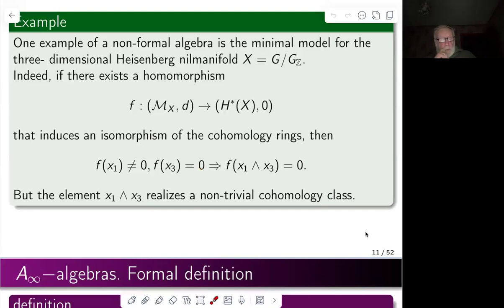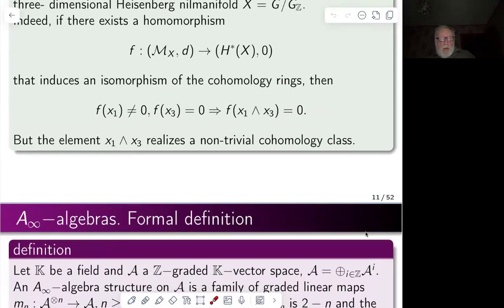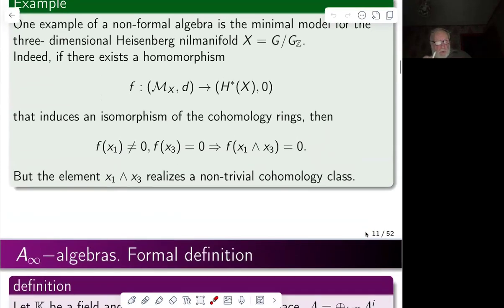It is an easy computation that f of the wedge transforms to zero. But for this nilmanifold, it is easy to check that the wedge product realizes a non-trivial homology class. So we have a contradiction, and our quasi-isomorphism doesn't exist. So it's an example of a non-formal variety.